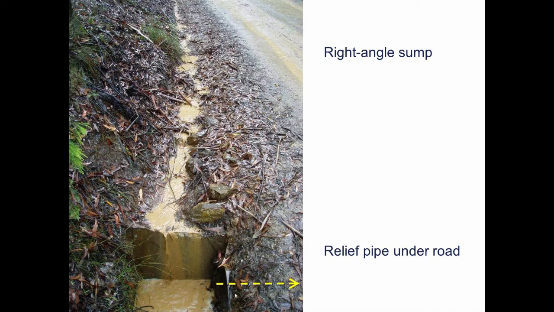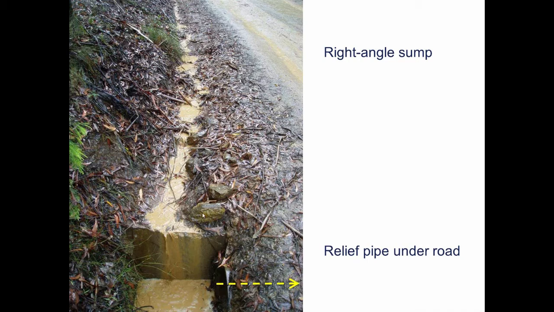These old, well, I call them old, square right angle types you find typically on older roads. I'd say in this case, I think it was built in the 50s or 60s. And they are then connected to a relief pipe, which is obviously a pipe which runs underneath the road surface and discharges the water on the hill slope on the bottom side.